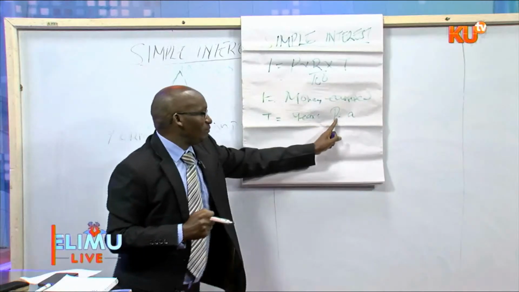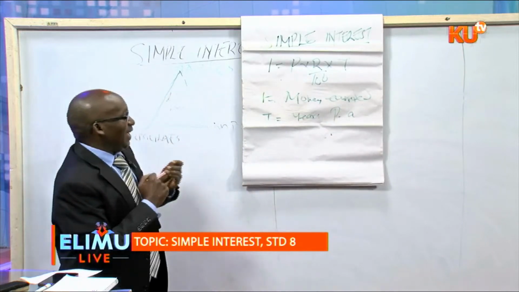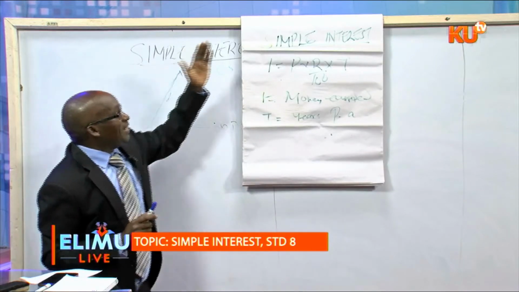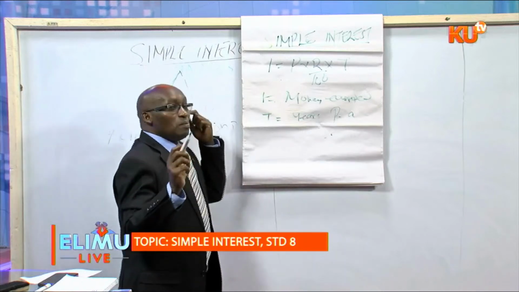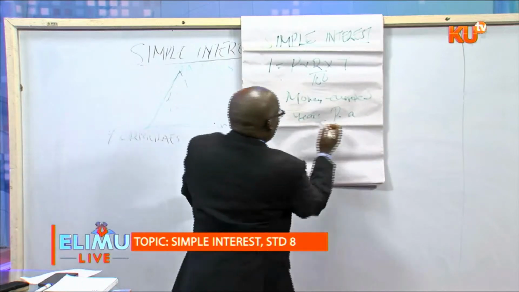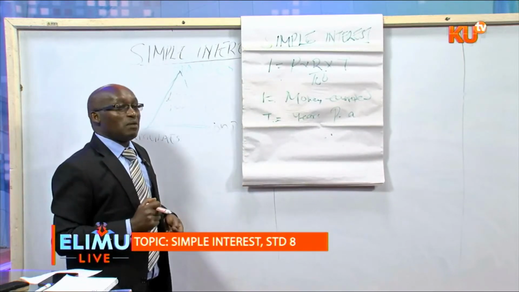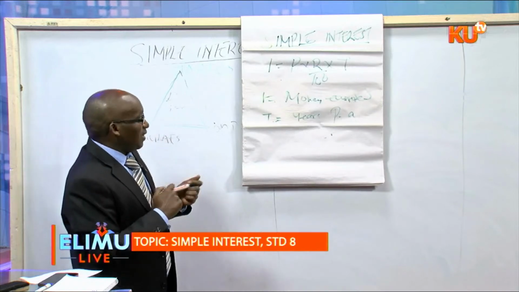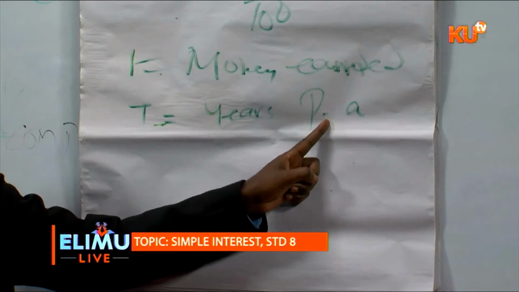Very clear here. So when candidates are trying to solve any problem pertaining to simple interest, one thing that you need to be wary of is time, because that is where the trick will be. Because as you'll be calculating interest, check on time.